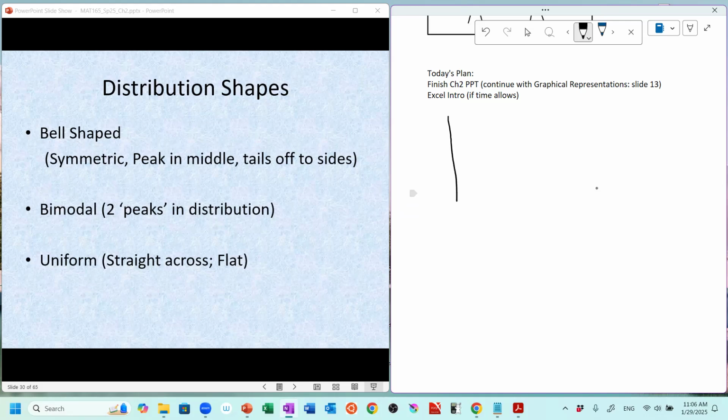Anyway, if I'm looking at my histogram, and I see something that looks like this, and I don't know why my bars are leaning like the Tower of Pisa, but they are. Sorry about that if that's bothering you.